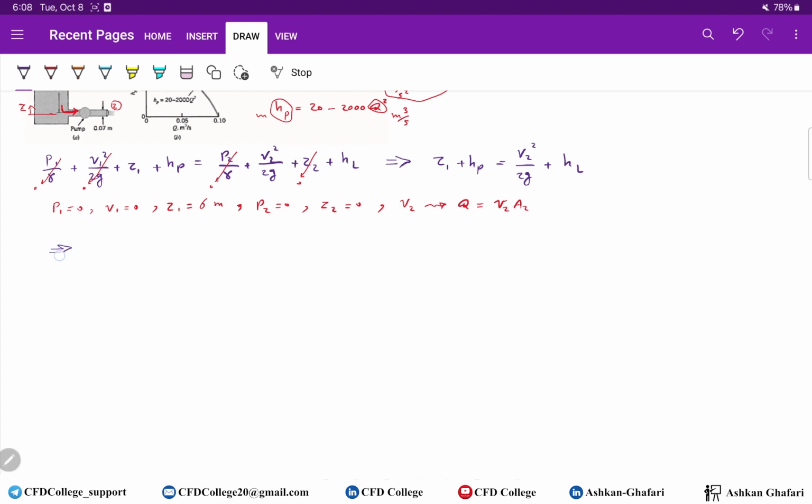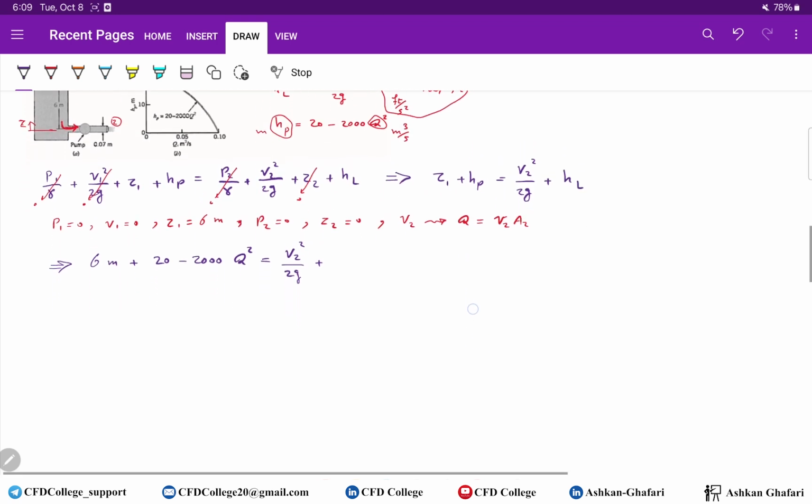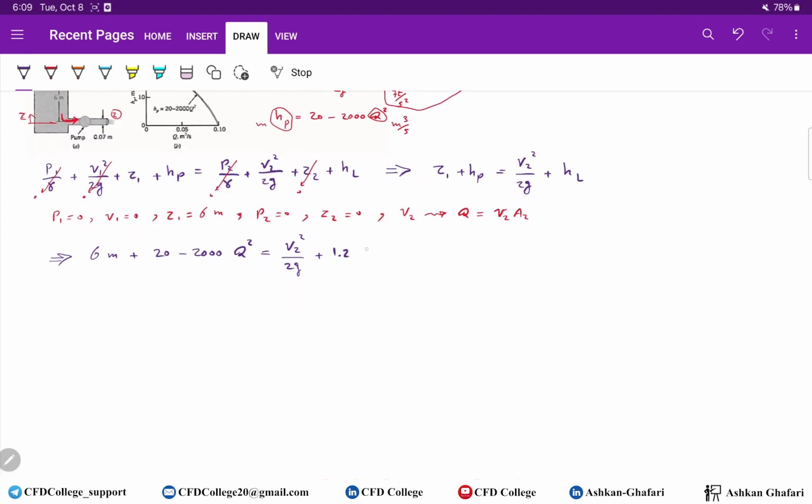So Z1 is 6 meters plus head of the pump, 20 minus 2000 Q square, equals V2 square over 2G plus HL, which is 1.2 V2 over 2G.